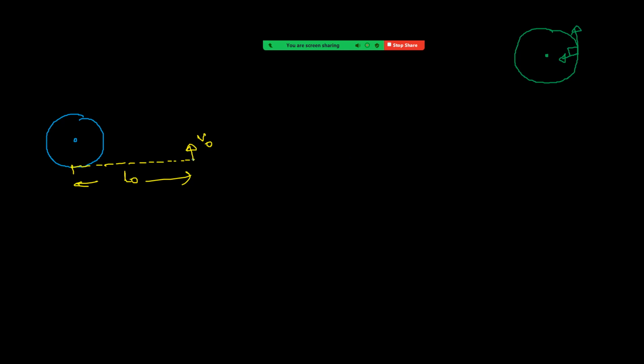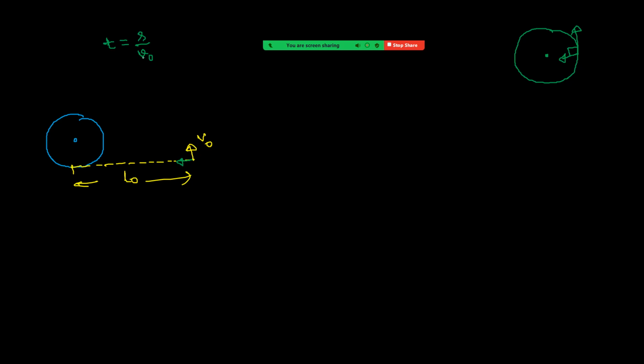So now same logic here: tension is always normal to velocity. So here only direction changes, but not magnitude. So speed is a constant. Since speed is a constant, time taken is equal to distance traveled upon speed.